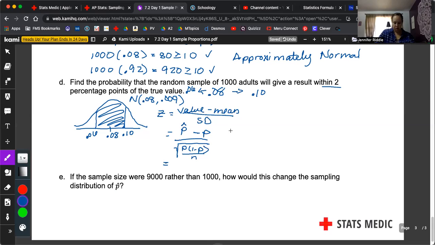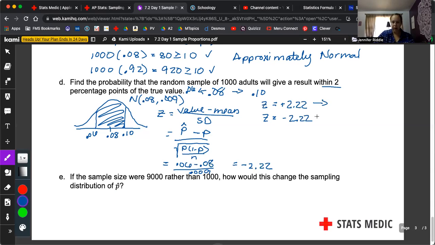So I can do 0.06 minus 0.08 divided by 0.009, and that gets me negative 2.22. If I did this with 0.10, I would get a positive 2.22. So I have two z-scores: positive 2.22, if I plugged 0.10 in, and negative 2.22.